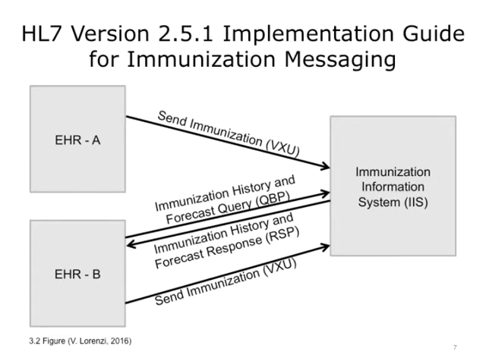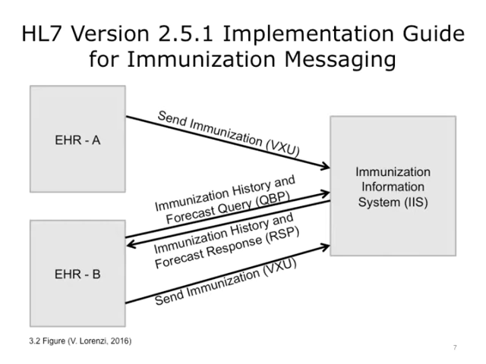With ONC 2015 certified technology, an EHR can first query for a complete history of a patient's immunizations and even a forecast of what immunizations will be required using the HL7 QBP message. The IIS responds with the history and forecast using the RSP message.